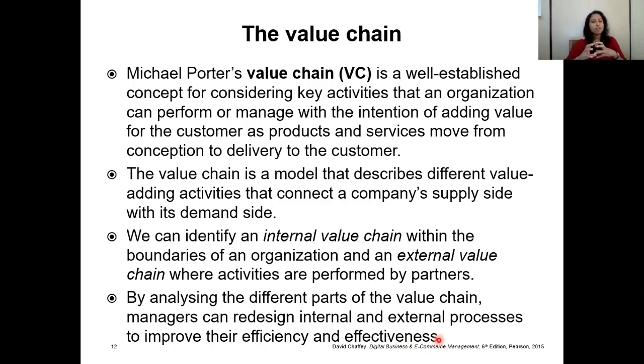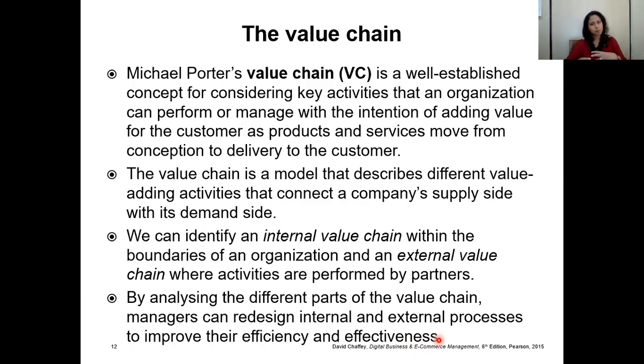When they identify those different places where the organization adds value to its business processes or the service delivery, right? When they have a better idea about these things, the management has a better idea of how they can redesign their existing processes, right?